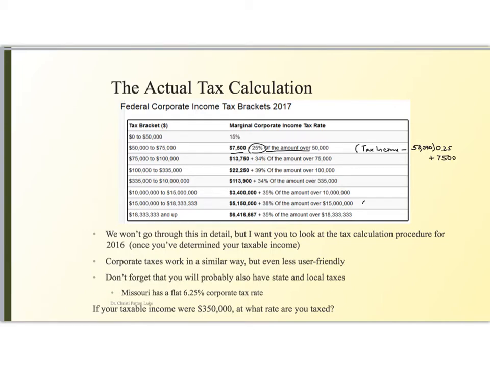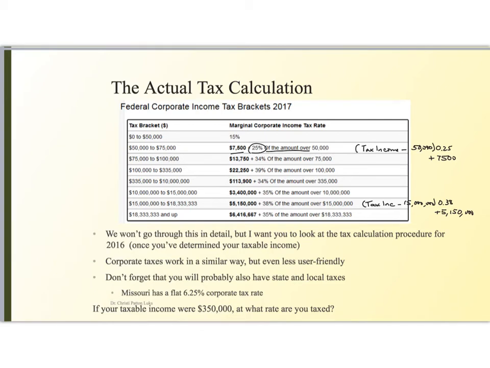So for instance here, it would be the taxable income minus 15 million times 38% plus $5,150,000. Okay, and this would be the way you figured out your taxes. This is for doing actual taxes.